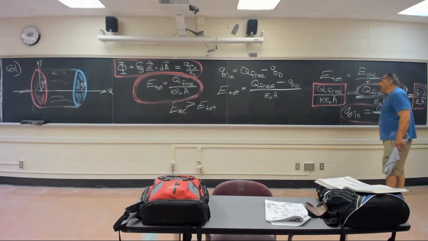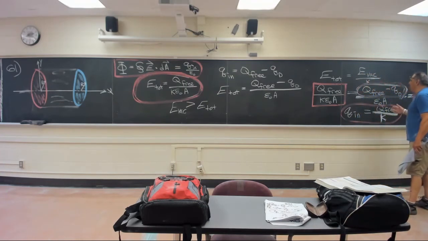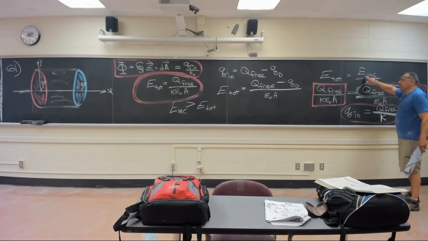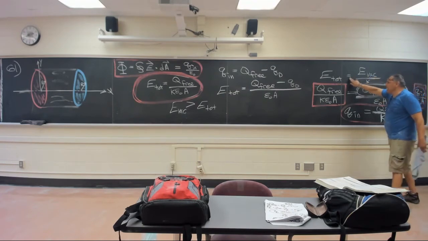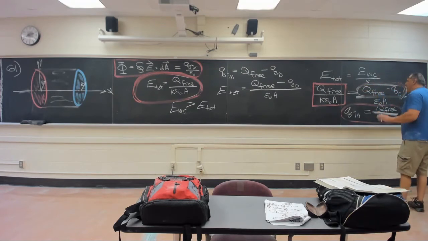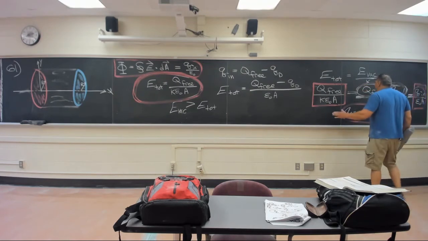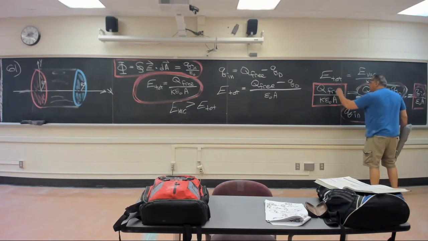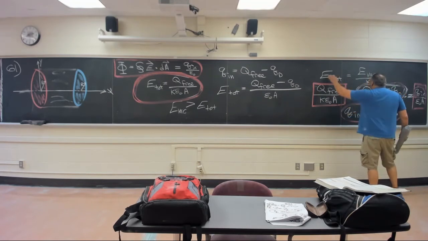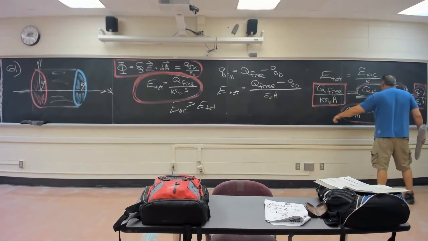If there's a dielectric present, by definition of what we mean by kappa, if you take what E vacuum would have been and divide it by kappa, you'll get what the E total is. That E total is kappa times less. So it's Q free over epsilon naught times A, which would be in a vacuum, divided by kappa, and you'll have it if you're talking about a dielectric.